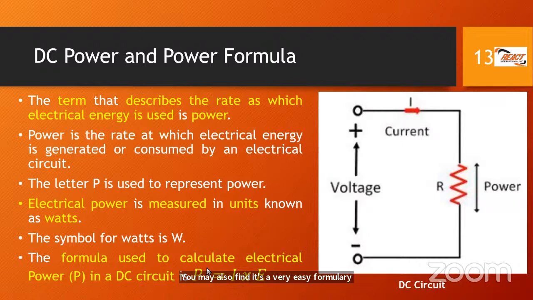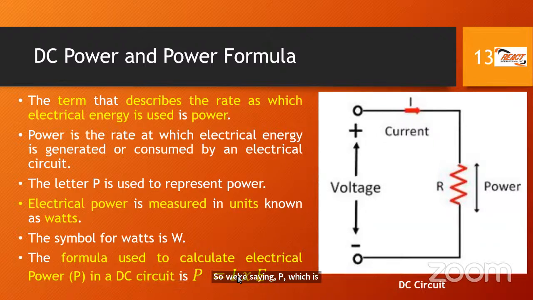The formula to calculate power in an electrical circuit is P, which is power, is equal to I multiplied by E. But what is I and what is E? Do we know? Well, we should know, because when we did Ohm's law, we knew what I was and we knew what E was. So we're saying P, which is power, is equal to I.